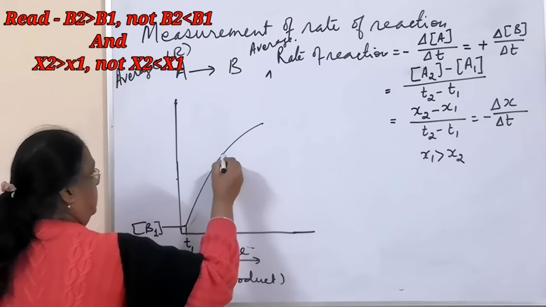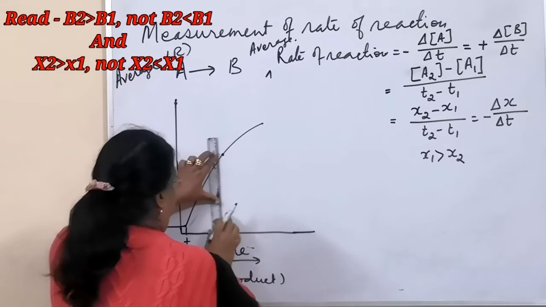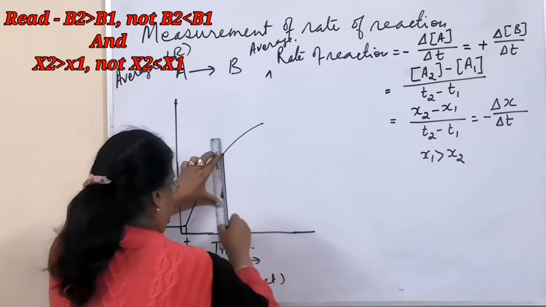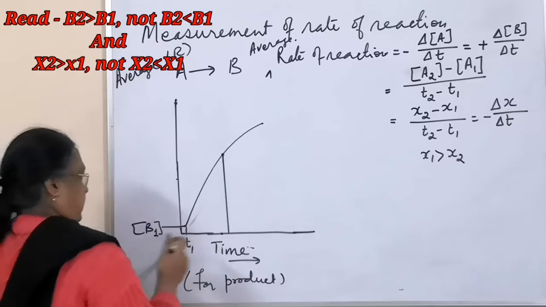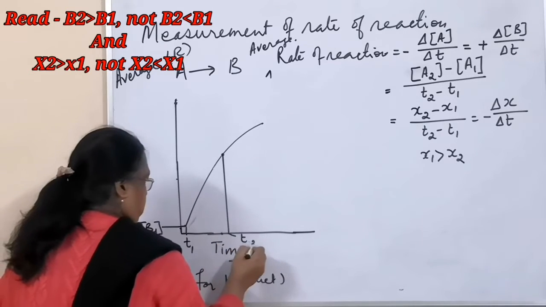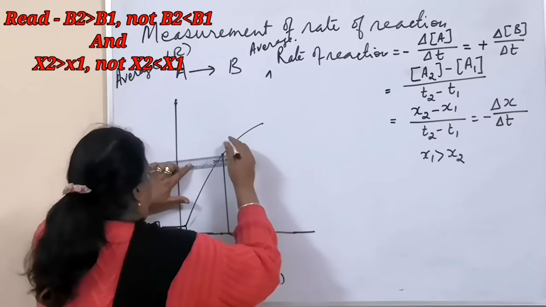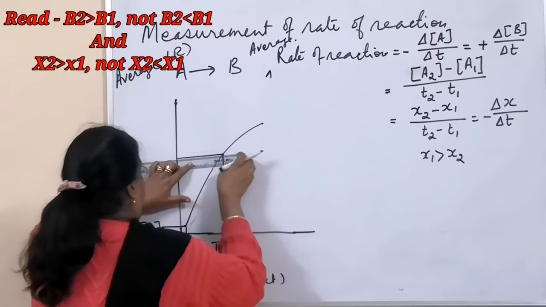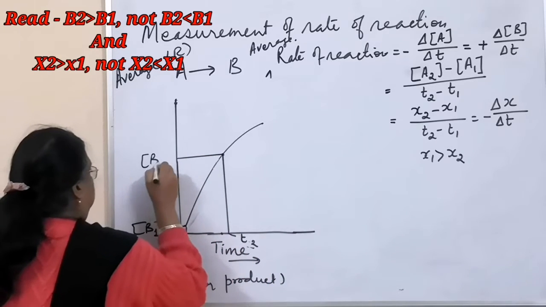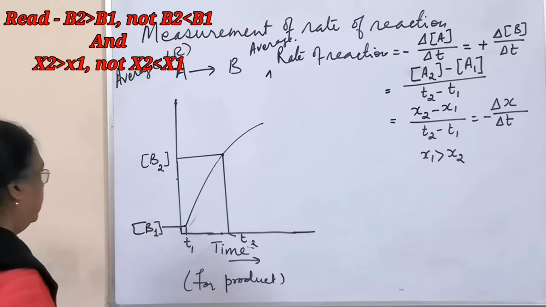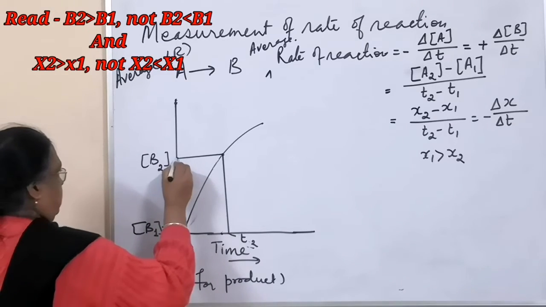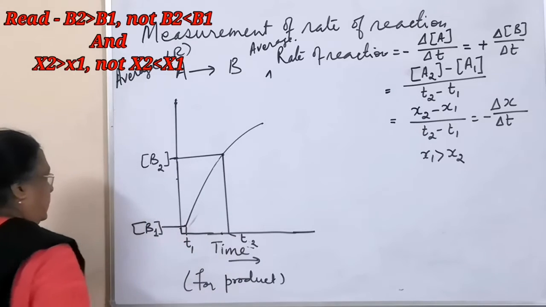At some particular time, if I draw the perpendicular, at this time T2, let the concentration of the product B be B2. So this point is your B2 and this is B1.